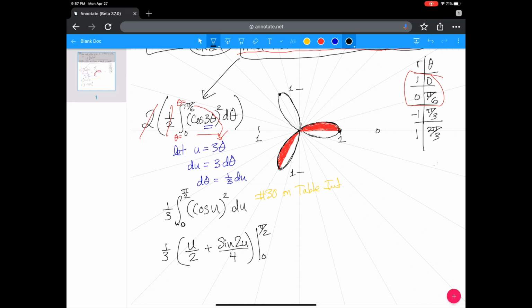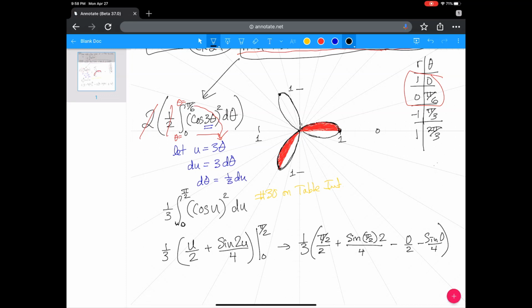Okay, so this gives us our way to get the area under one leaf on this 3-leaf clover that we had for our function. So this is going to be 1/3 times pi over 2 divided by 2, plus sine of pi over 2 times 2, I switched the order in there, all divided by 4, minus 0 over 2 minus sine of 0 over 4, plugging in the 0.